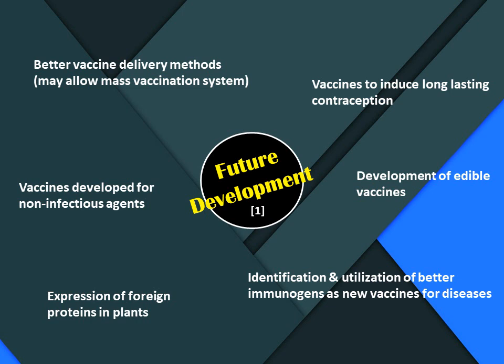In the future, we may develop better VLP vaccine delivery methods that may allow a mass vaccination system. We can also develop vaccines for non-infectious agents. We can express foreign proteins in plants, develop edible VLP vaccines, and also identify and utilize a better immunogen as new vaccines for diseases.